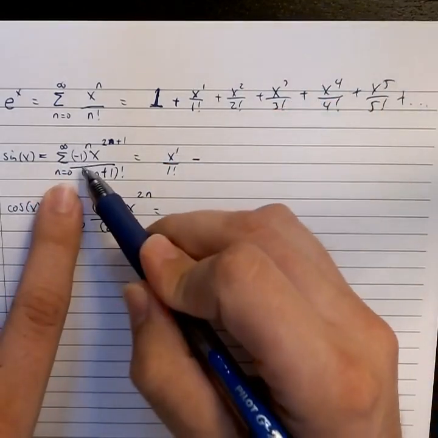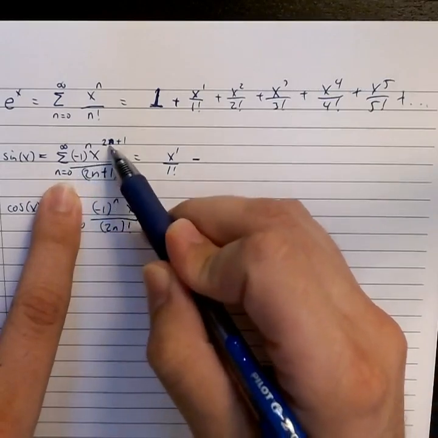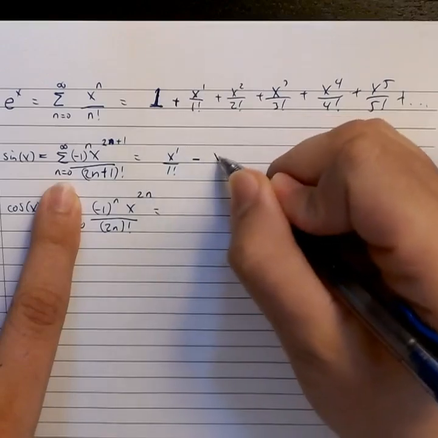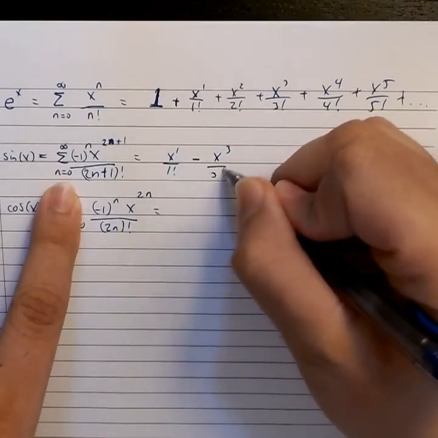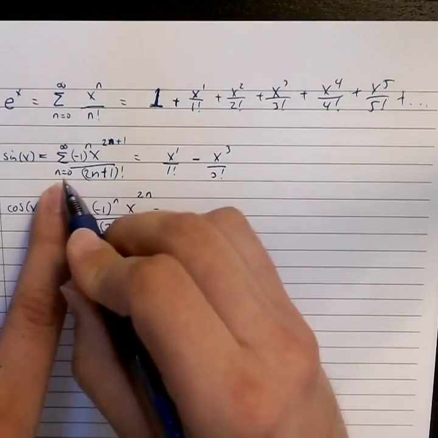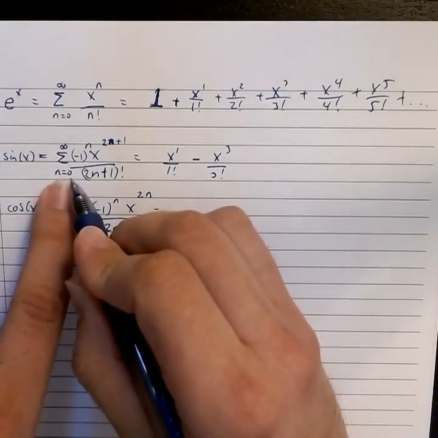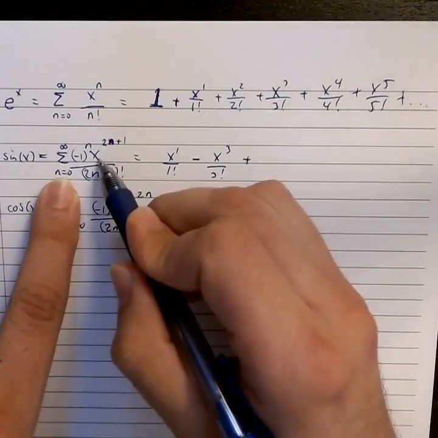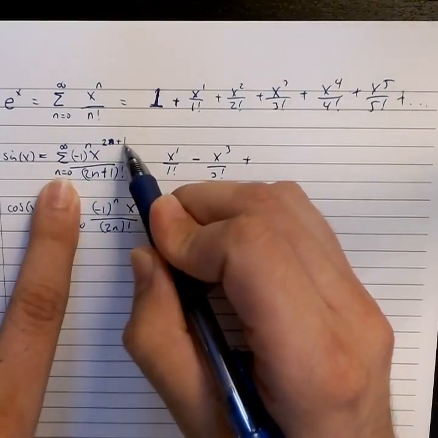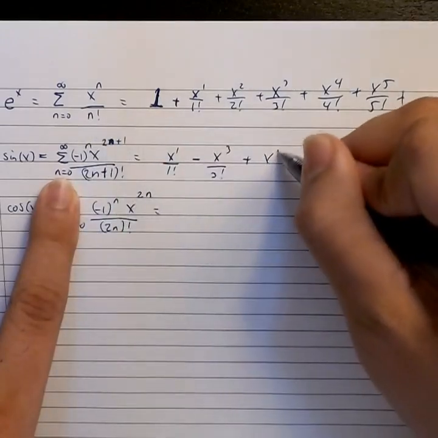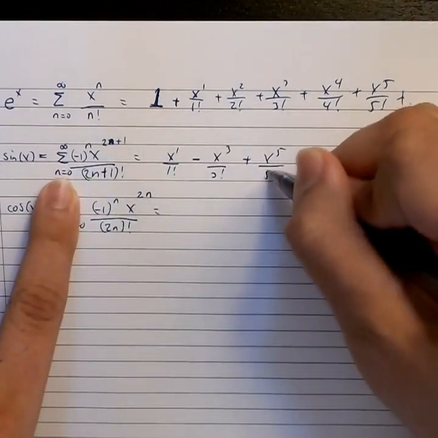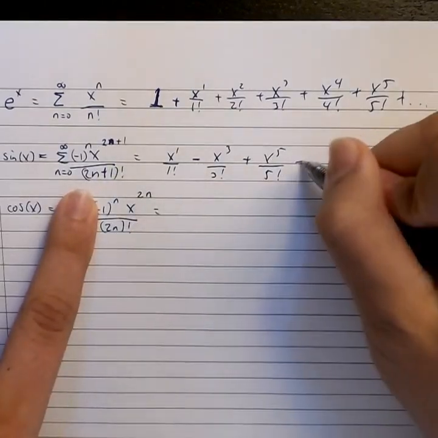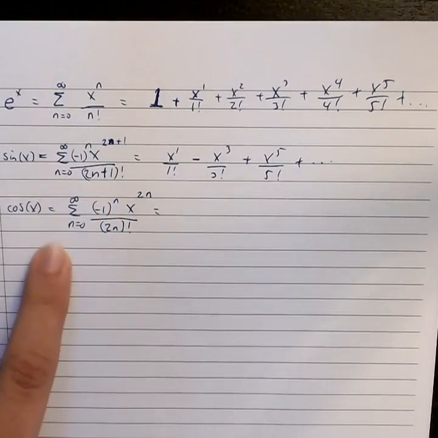Here I can write this as x to the power 2 plus 1, so that's going to have a power 3 over 3 factorial. And then if n is equal to 2, that's negative 1 to the 2, so that's a positive again. And 2 times 2 is 4, plus 1 more is 5. So that's x to the power 5 over 5 factorial. The power is the same as the denominator, but the denominator has a factorial. Plus dot, dot, dot. It just keeps on going that way.